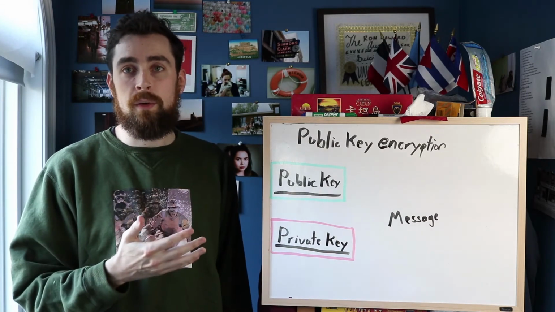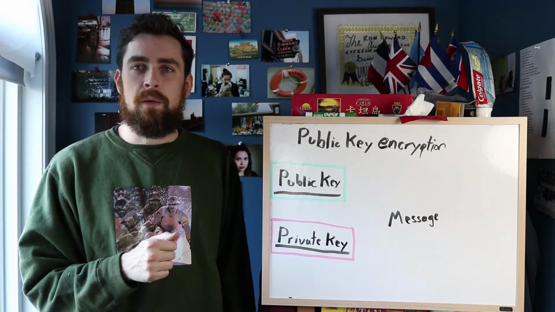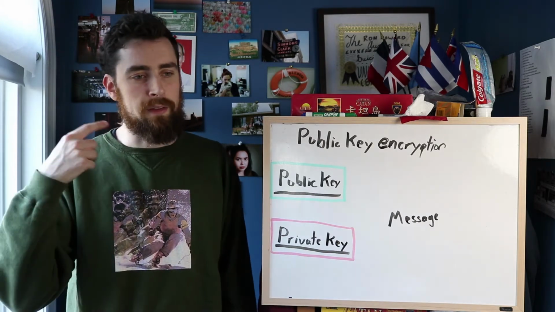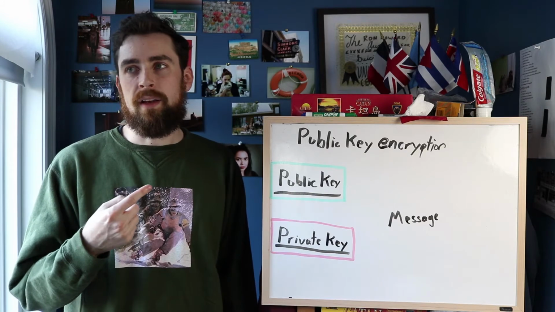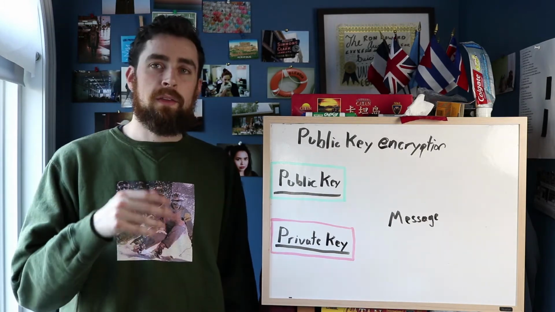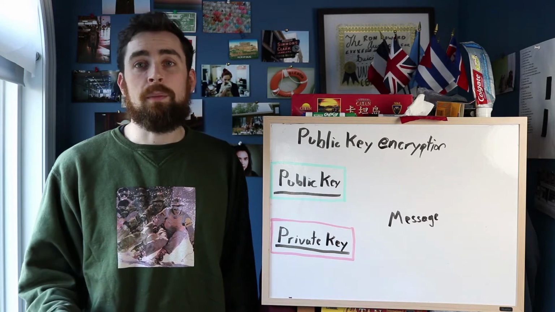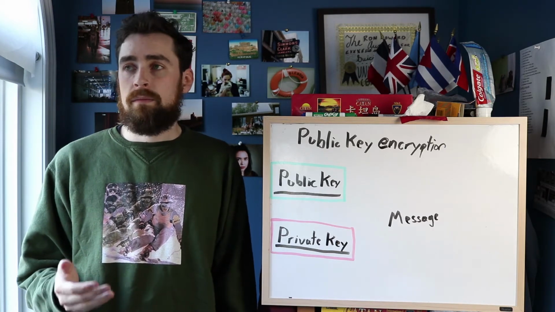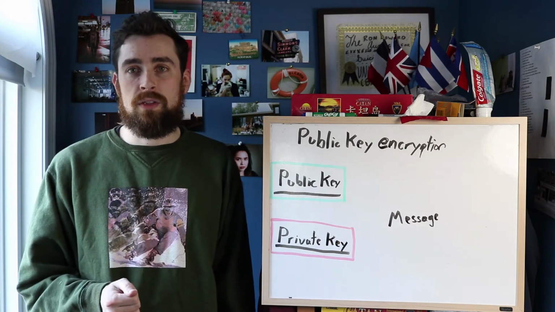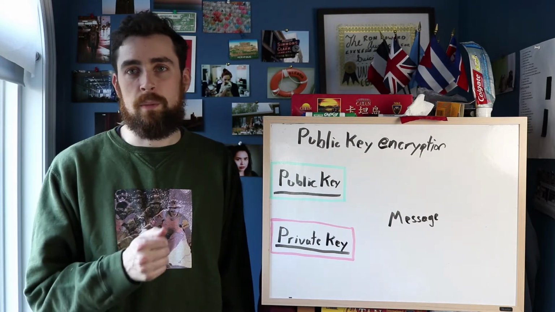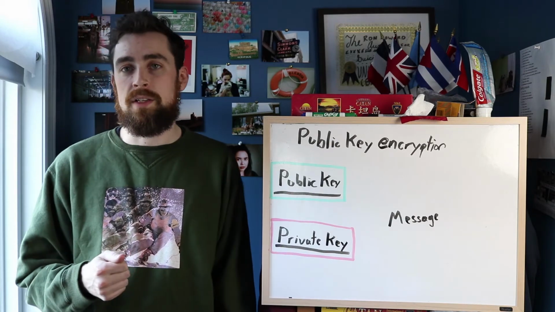So you're able to do it both ways. So this is a very, very important concept for you to understand. So really burn that into your memory and keep it with you forever. The reason why it's important is because public key cryptography is the basis of a huge amount of encryption technology, and Bitcoin would not be possible without this technology.